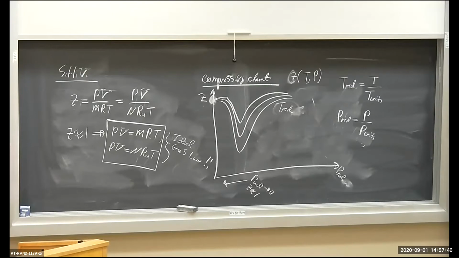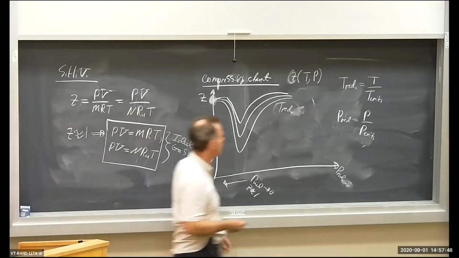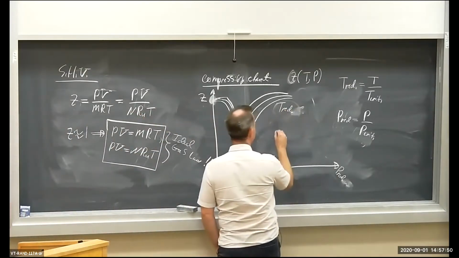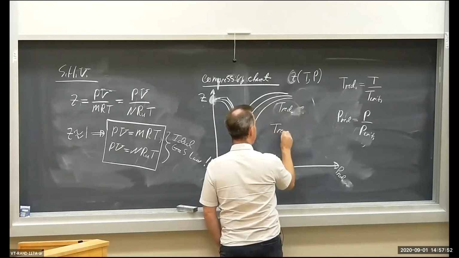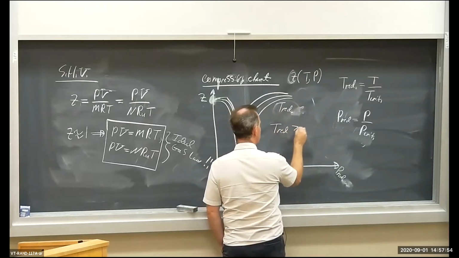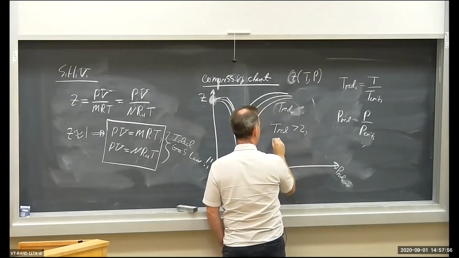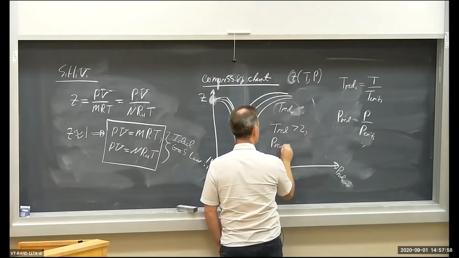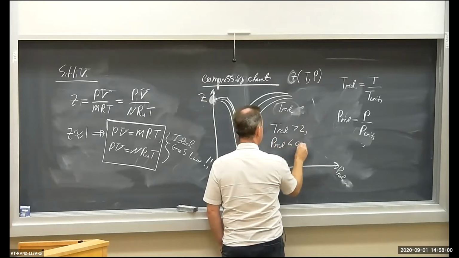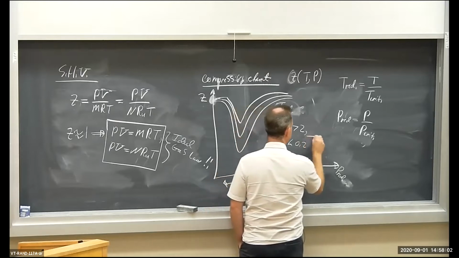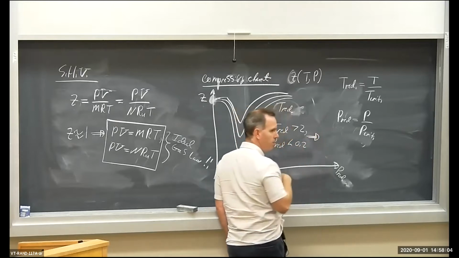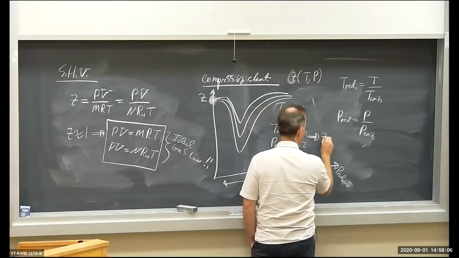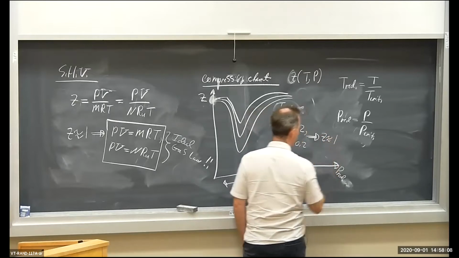So I'm going to make the claim here, for T reduced greater than 2 and P reduced less than 0.2, the compressibility factor Z is approximately equal to 1.